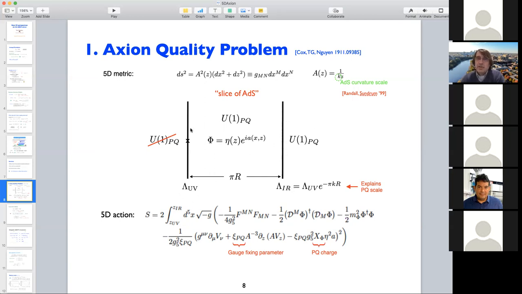And as you move into the bulk of the fifth dimension, which is compactified here, the cutoff decreases. And so immediately you can see that if the axion is associated with the infrared brane, then you can immediately explain the Peccei-Quinn scale, just like Randall and Sundrum were explaining the Higgs mass scale as due to a warp factor. So that gives you that pretty straightforwardly.